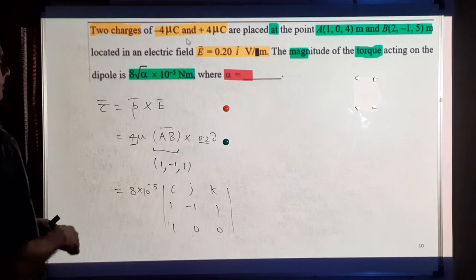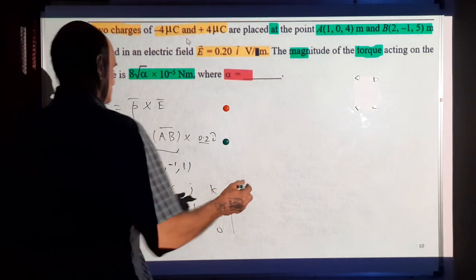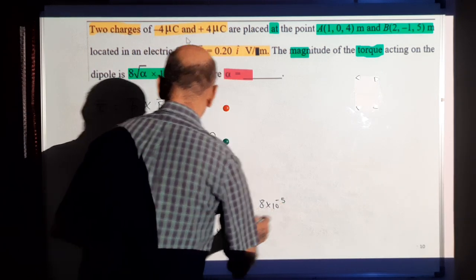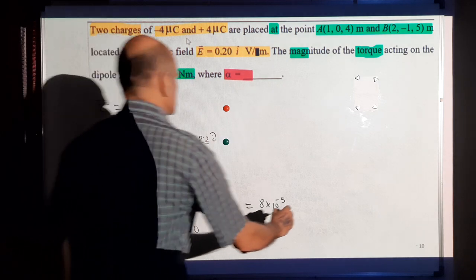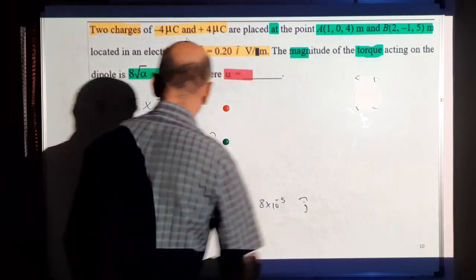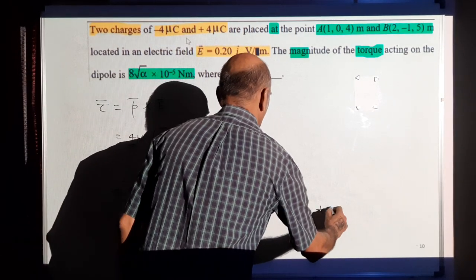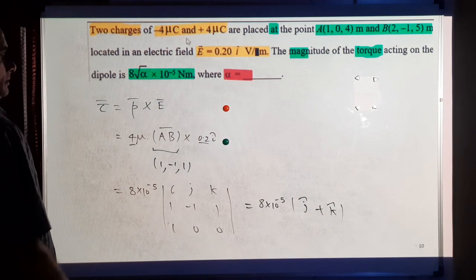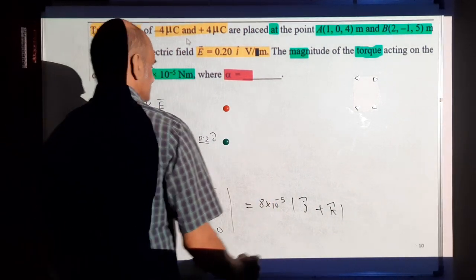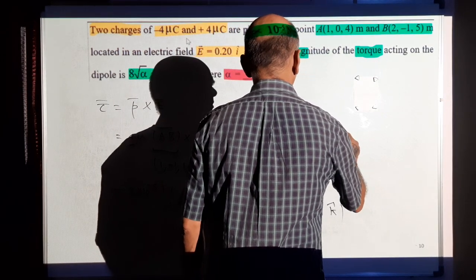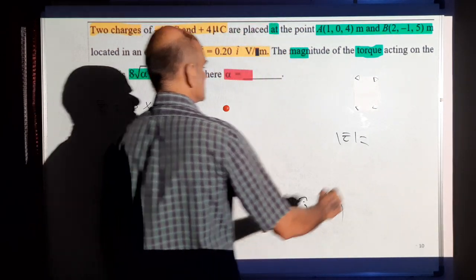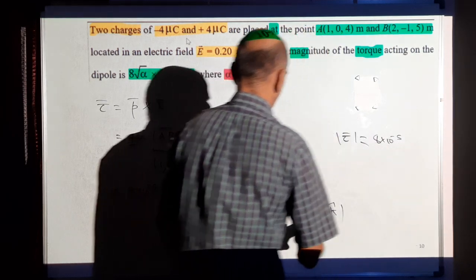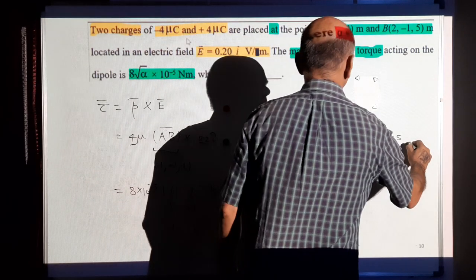So just 1 into J cap, K cap. Okay. So the magnitude of this quantity is 8 into 10 raised to minus 5, and the magnitude of this vector is root 2.